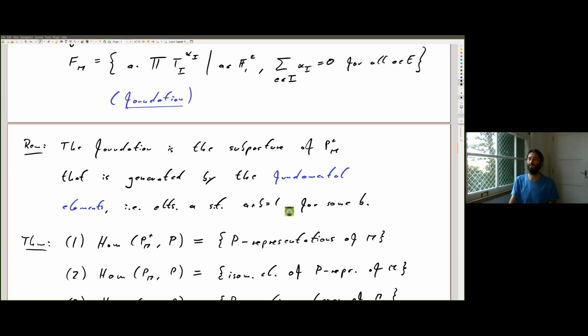And this led to the name of foundation, which also is, in a sense, a very foundational object for the theory, at least the line of thoughts that Matt and I are following in our work.